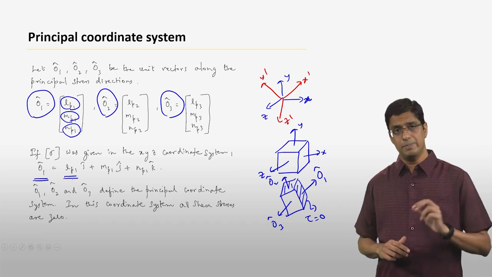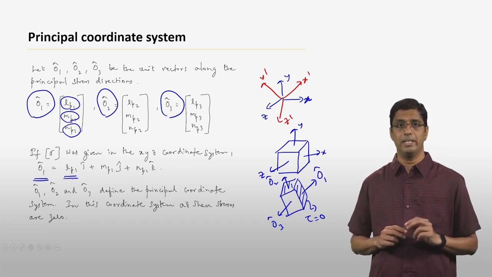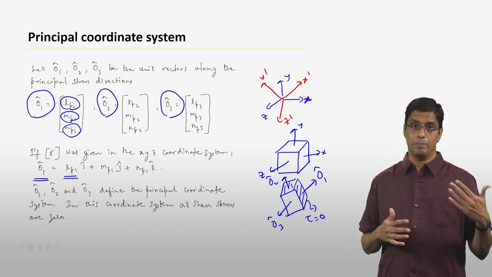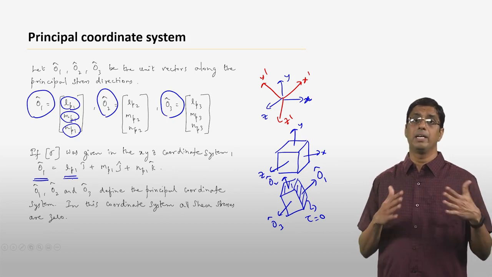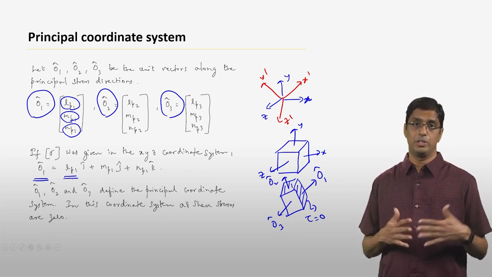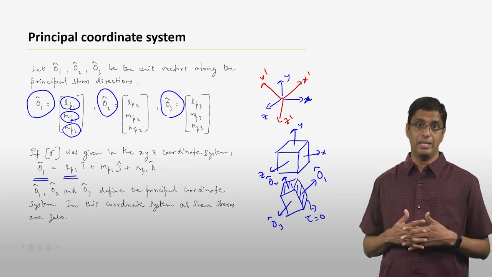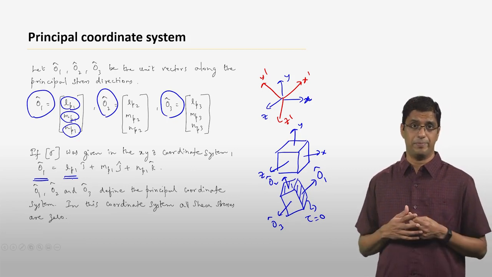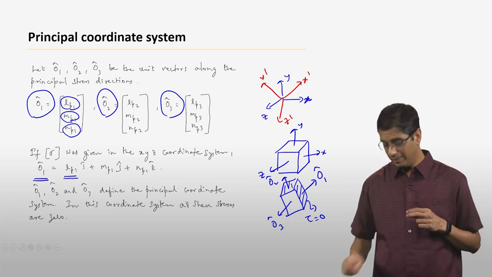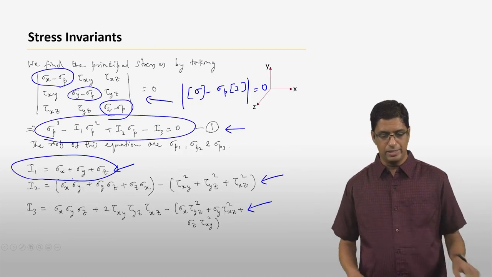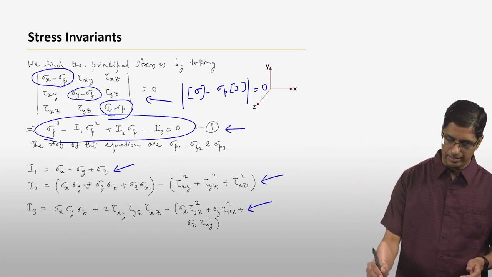Okay, so what is special about this principal coordinate system is that the planes that are perpendicular to those unit vectors have 0 shear stress. So what it actually means is that if you go back to these equations here, let me just erase some of this.